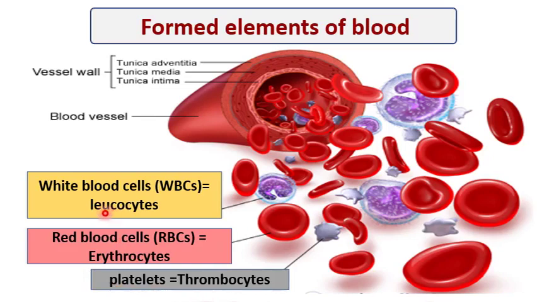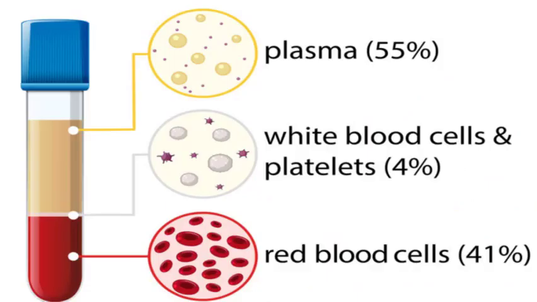Leuco means white, erythro means red, thrombo means thrombosis, which is the main function of platelets. So plasma 55%, blood cells 45%: white cells, red cells, and platelets.